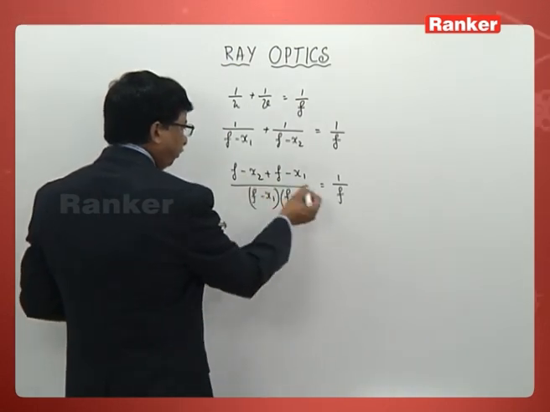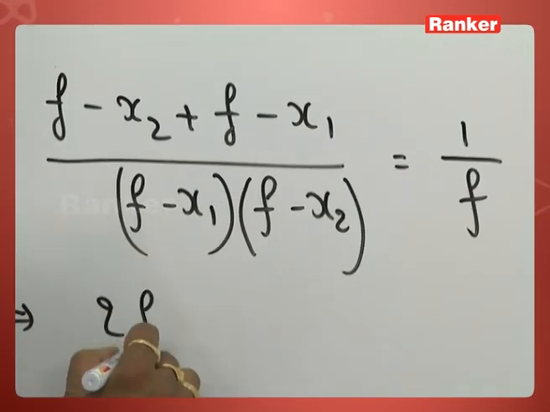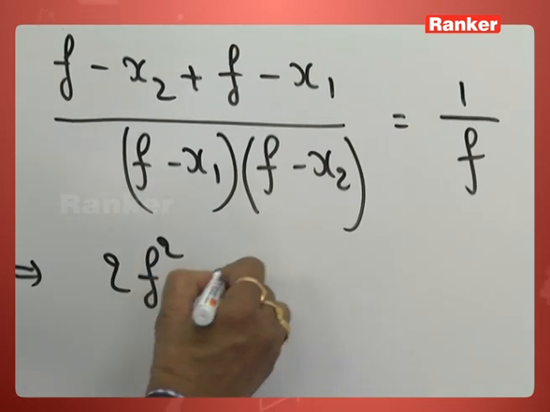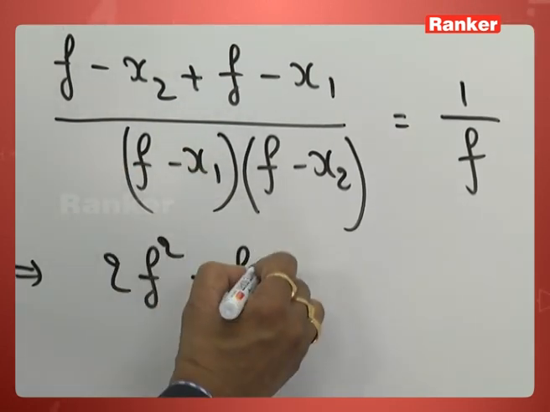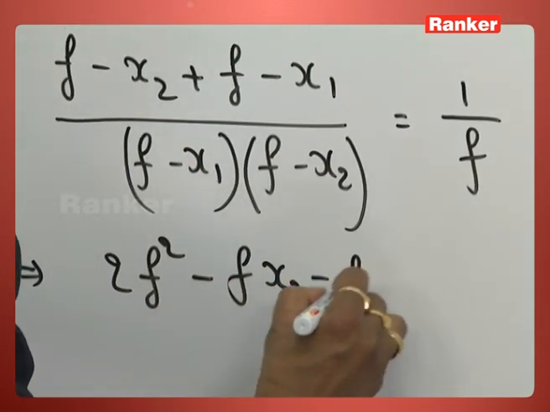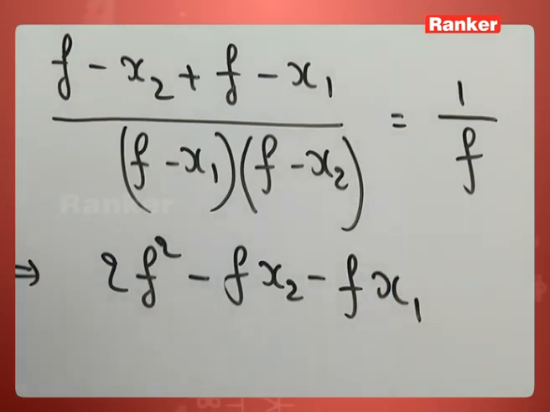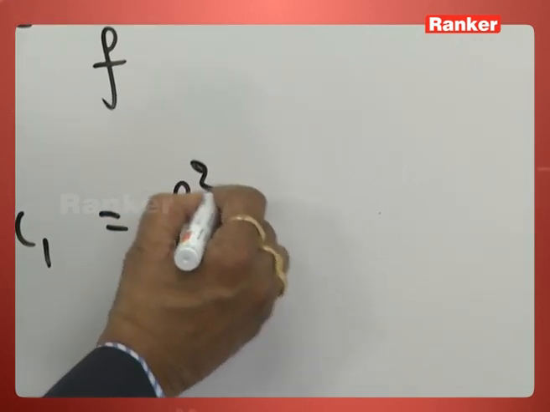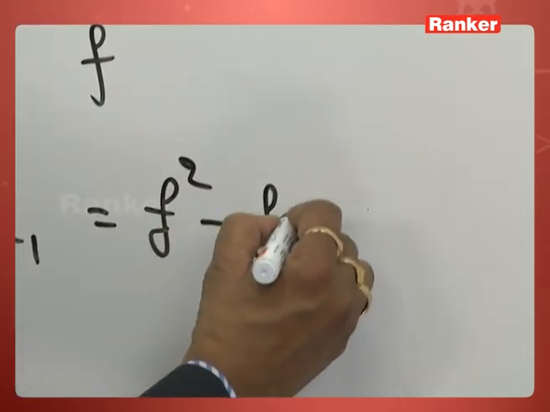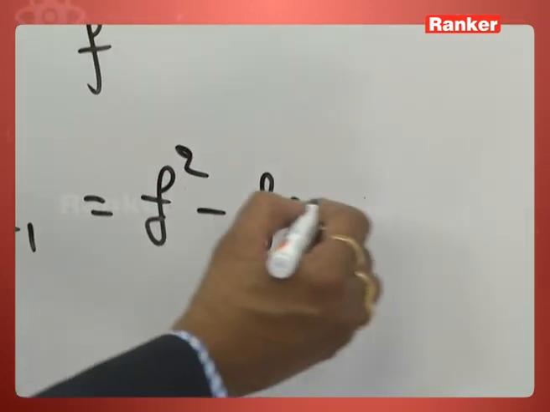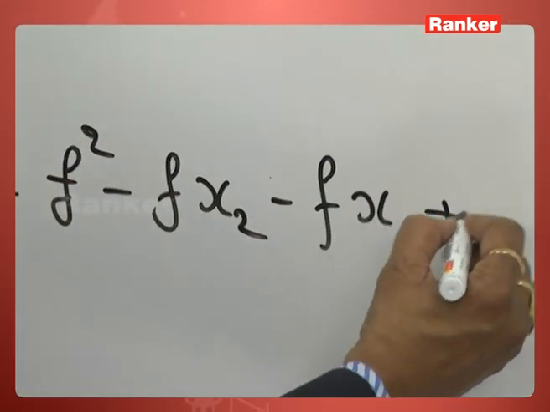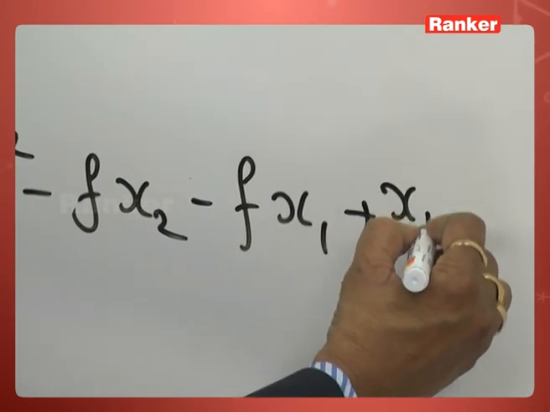This is already 2f into f, it now becomes 2f square here. Fine. Now minus f x2 minus f x1. That now is going to be f square minus f x2 minus f x1, minus into minus plus x1 x2.